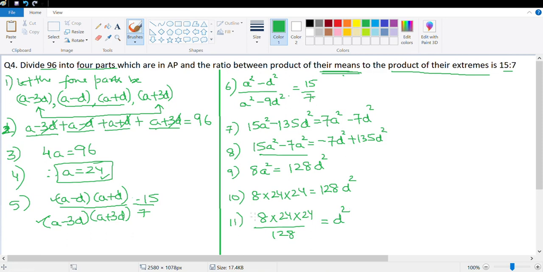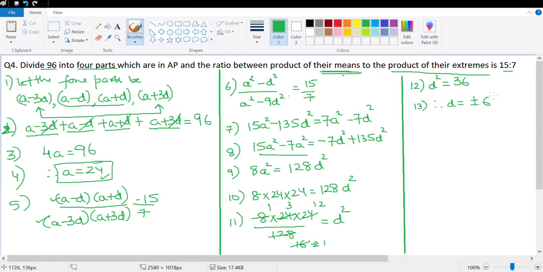So 8 into 2 is 16, 8 into 3 is 24, 2 into 1, 2 into 12. Right. So d square is equal to 12 into 3, that's 36. Therefore, d is equal to plus minus 6.